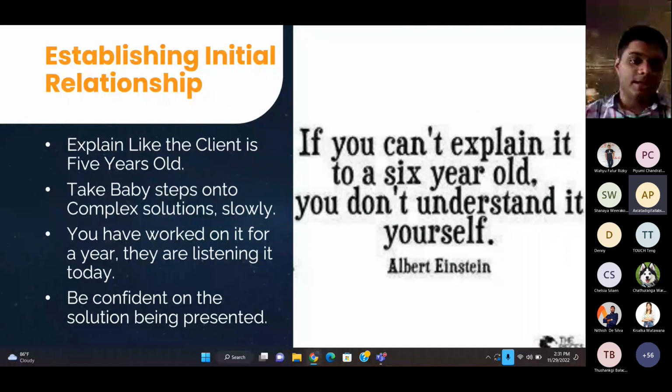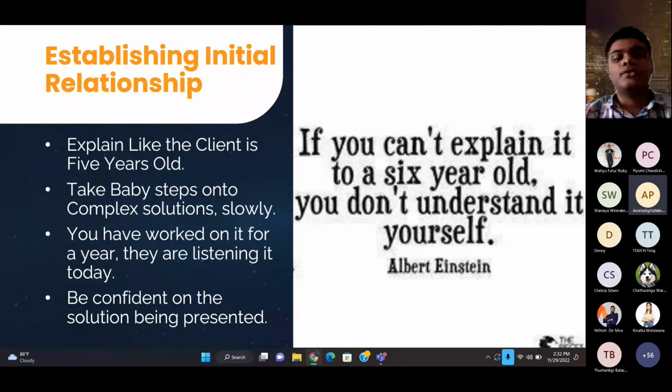Regardless of it being rocket science or whatever, the simple abstract explanation should be easily understandable to even a child.